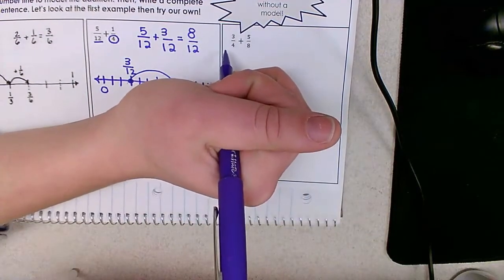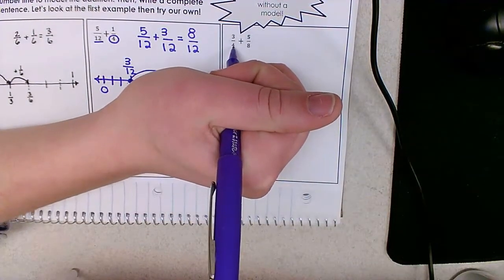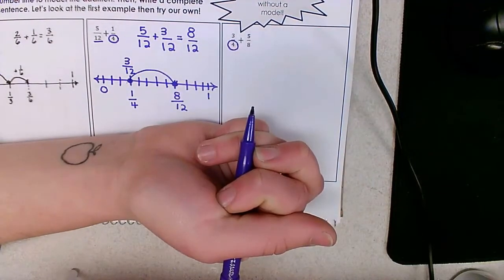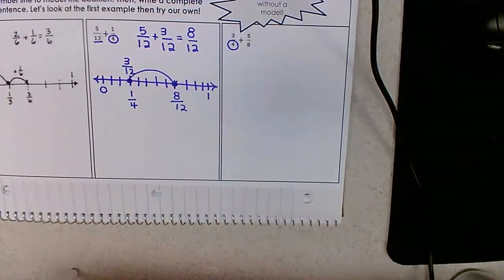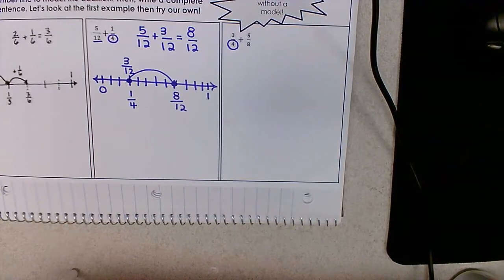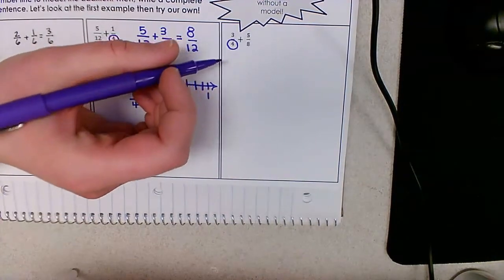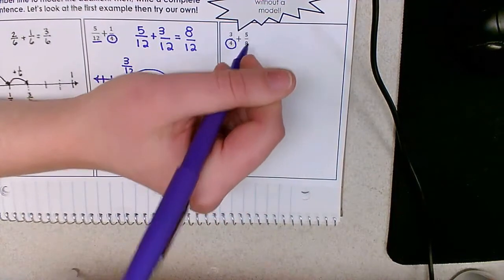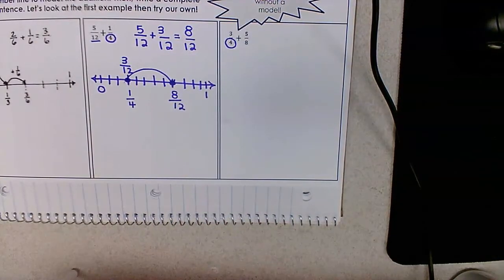I want to decompose my larger unit, which is fourths, which means I want to change my larger unit. The first thing I need to ask myself is, what is the lowest common denominator that these two numbers have? Meaning, what's the multiple that if I skip count by 4s and I skip count by 8s, it's the lowest one that they have in common?